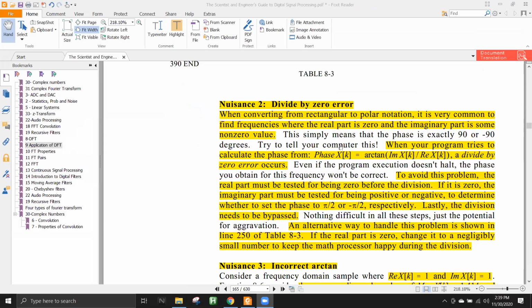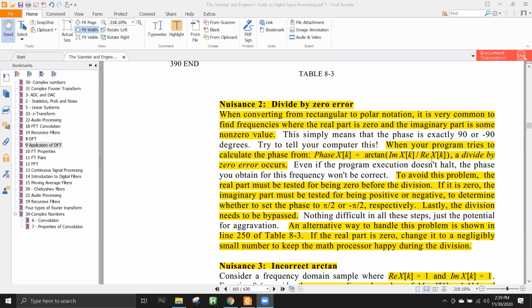The second problem is called the divide by zero error. When can we expect a divide by zero to occur in such a scenario? When converting from rectangular to polar, notice the phase formula. When you're calculating the phase, you're calculating tan inverse of imaginary part by real part.